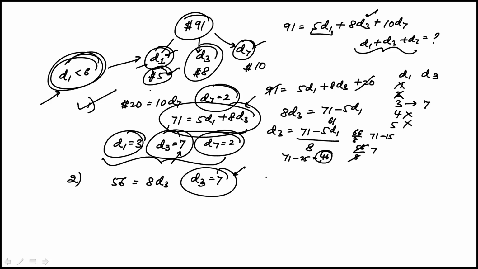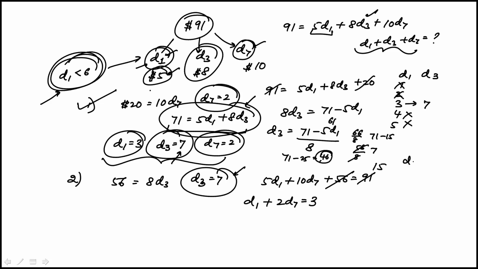I'm going to put that here. 5D1 plus 10D7 plus 56 is 91. So that's 15. I have this 5 throughout, so I can divide. 8 plus 2D7 is equal to 3, because I'm dividing each by 5.